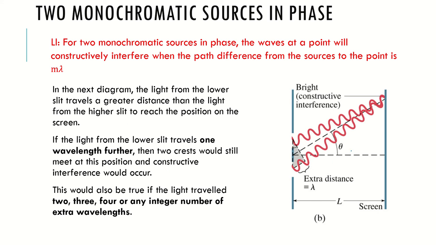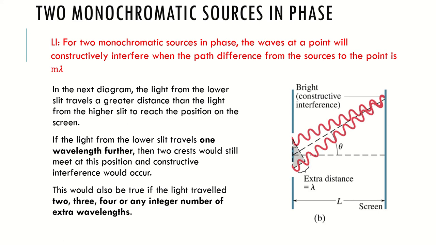The same would be true if we change the angle even more and they were meeting here. For argument's sake, if the angle was altered slightly and this one traveled 2 extra wavelengths instead of one, then when it met at this point here, it would still result in constructive interference, because if the path difference is an integer wavelength, so 1 wavelength or 2 wavelengths or 3 wavelengths, it's still going to result in constructive interference.